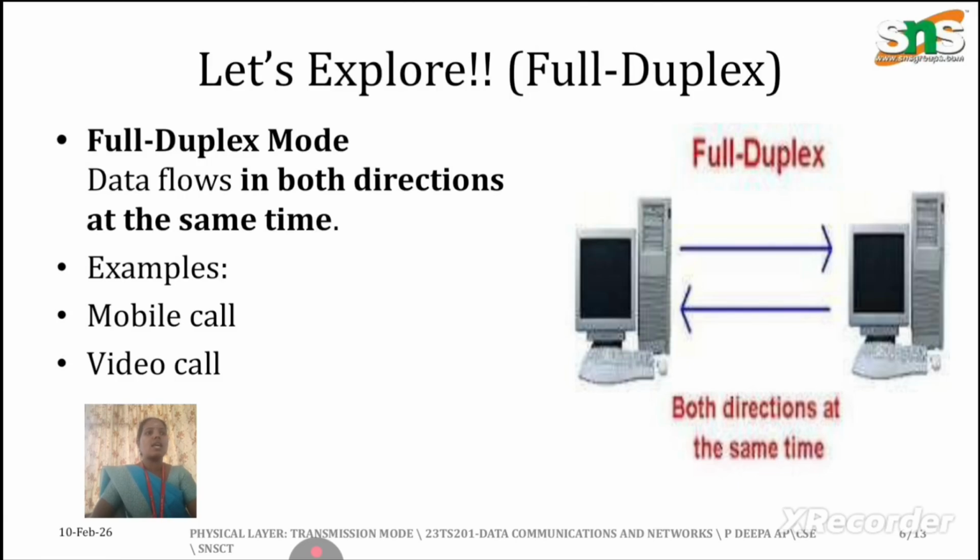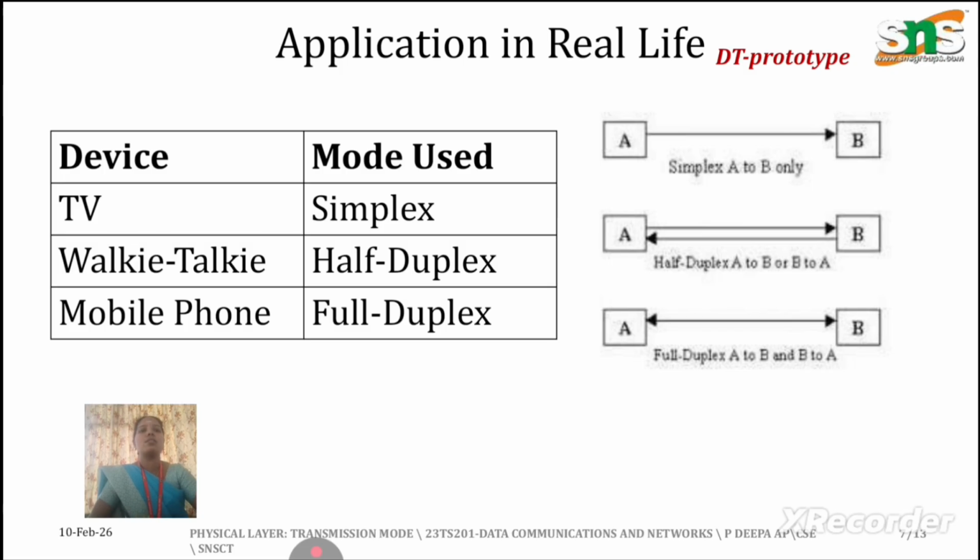Both devices can send and receive data simultaneously, which makes the communication faster and more natural. Mobile phone calls and video calls are the best examples for full duplex communication. When we talk on a phone, we can speak and listen at the same time without any interruptions. So these are the examples for full duplex, half duplex, and simplex.